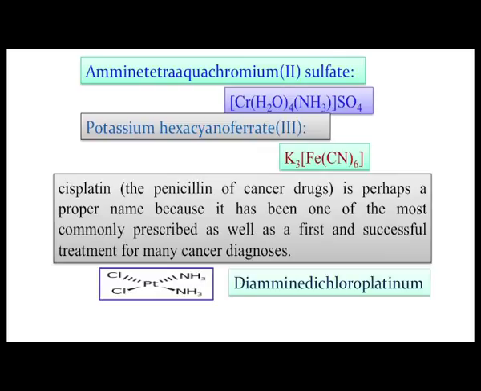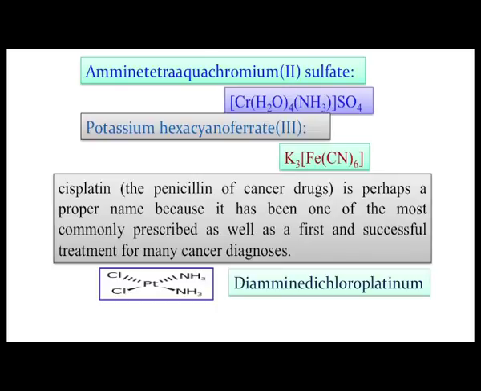Likewise, once we know this naming, it can also lead to cisplatin, that means a platinum compound with something in cis position, which is very important as we know it is a cancer drug. We know that the drug penicillin is also there.